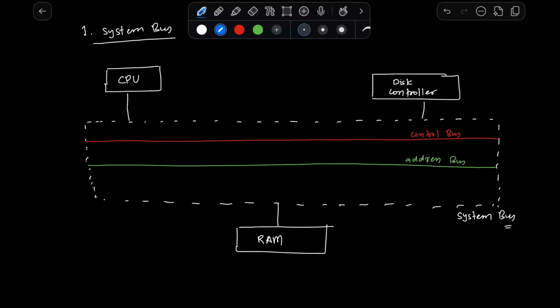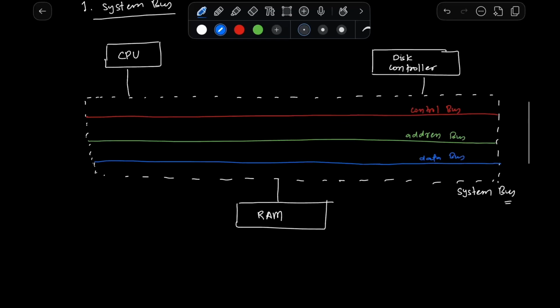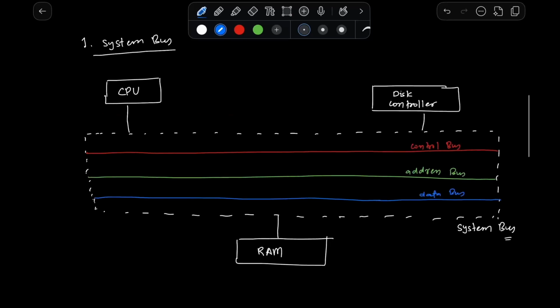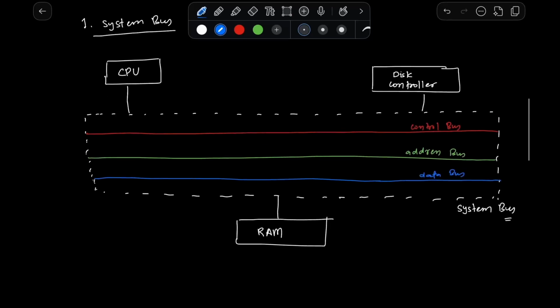Control bus. Now the very last one is data bus. We'll see what purpose it serves. Now we draw the logical representation of it. Now we'll be seeing what each thing is actually responsible for.